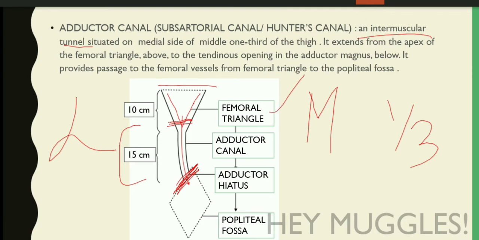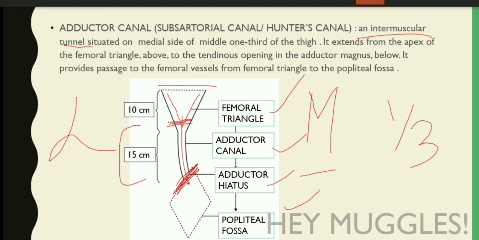The femoral vessels, like your femoral artery and femoral vein, along with the femoral nerve, pass from the femoral triangle through the adductor canal, and then enter the popliteal fossa via the adductor hiatus. Adductor hiatus is a tendinous opening present in the adductor magnus muscle.